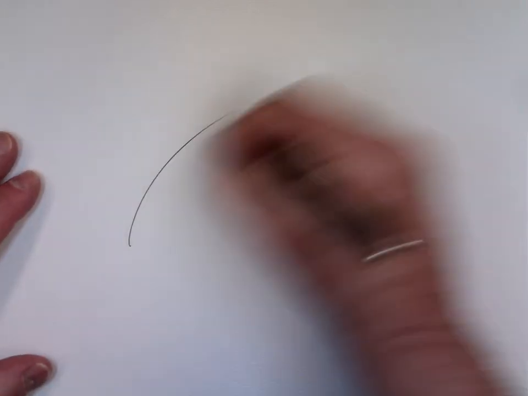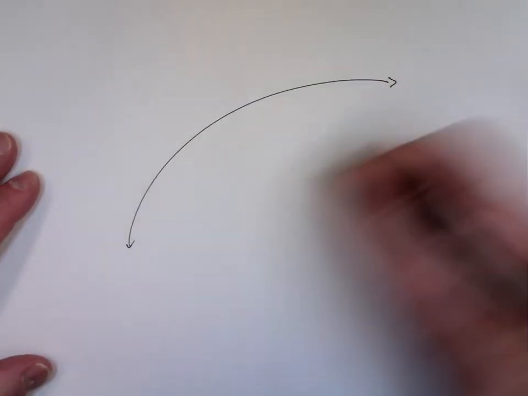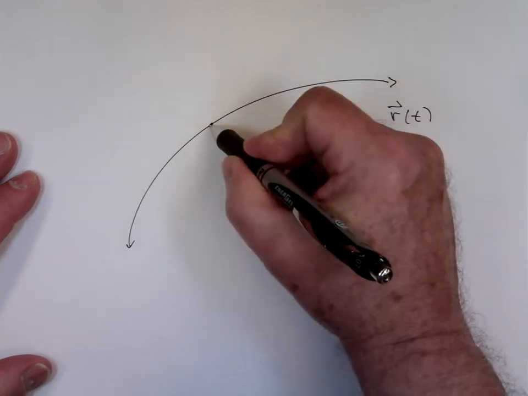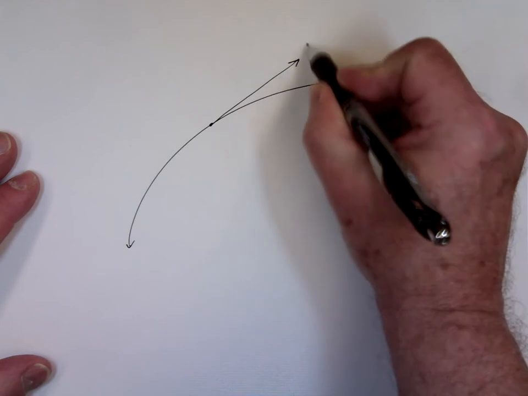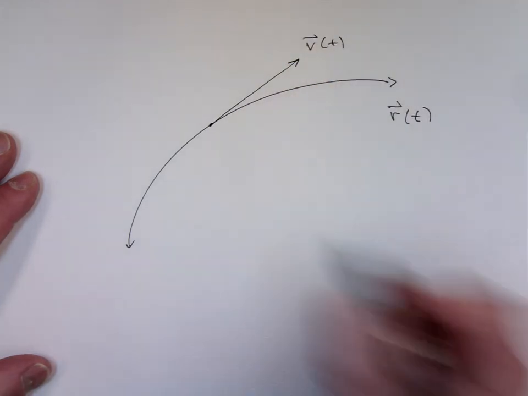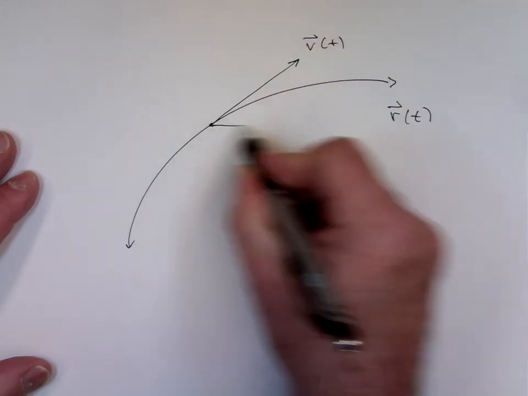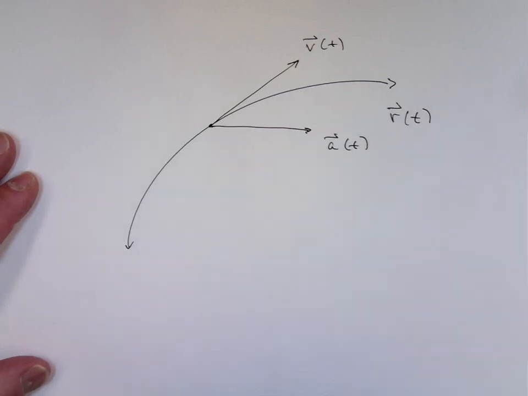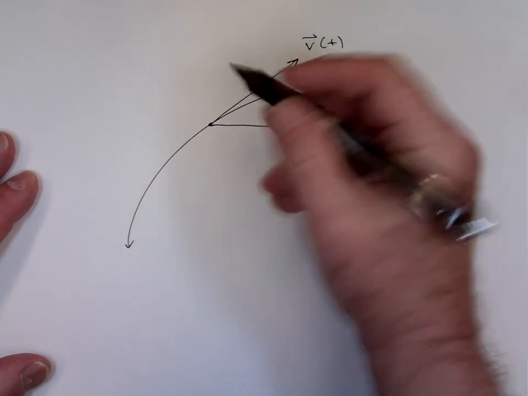We can do all kinds of stuff. If we have a path that's described as a vector valued function, it's going to have a velocity vector. It's going to have an acceleration vector. It's also going to have a unit tangent vector.